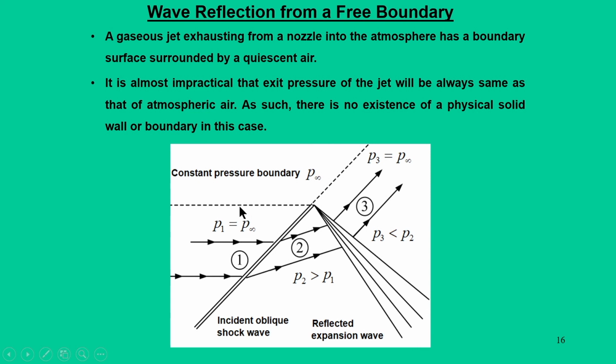So, ideally the free stream boundary and the initial region 1 are the same, but when the streamline crosses the oblique shock, the static pressure rises, because it is an oblique shock.